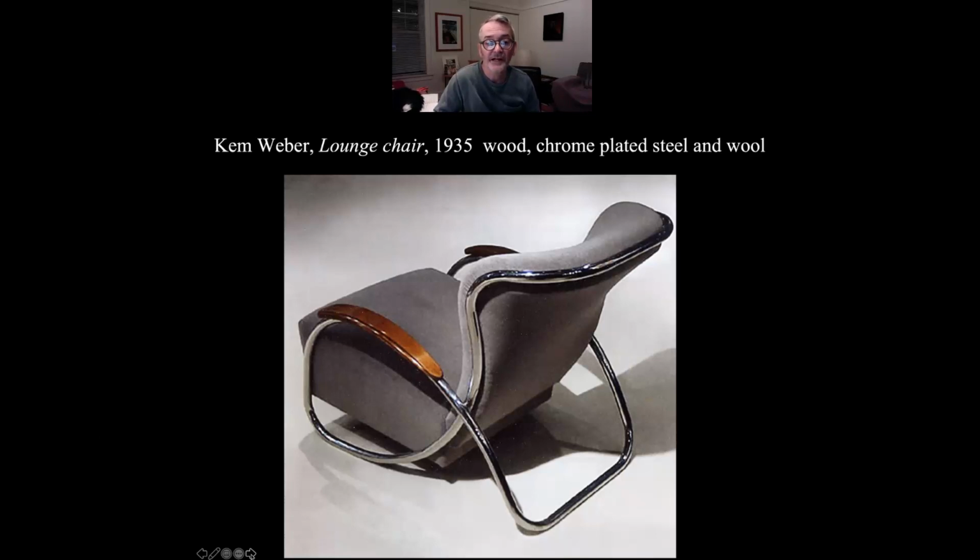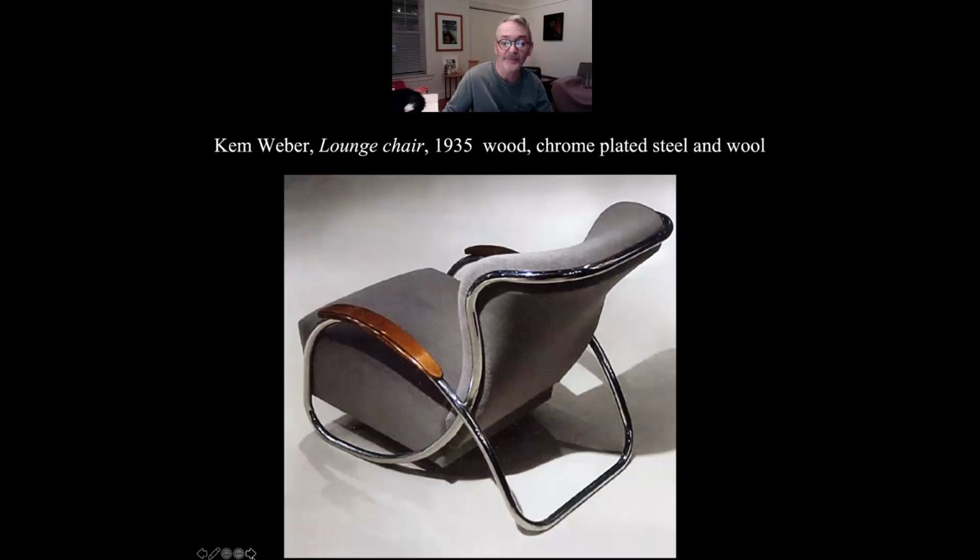It's got a nice piece, that nice wooden piece on the arm. A very beautiful loop in space for the frame. But you see how the seat just seems to float off the floor because it's not sitting on traditional legs.